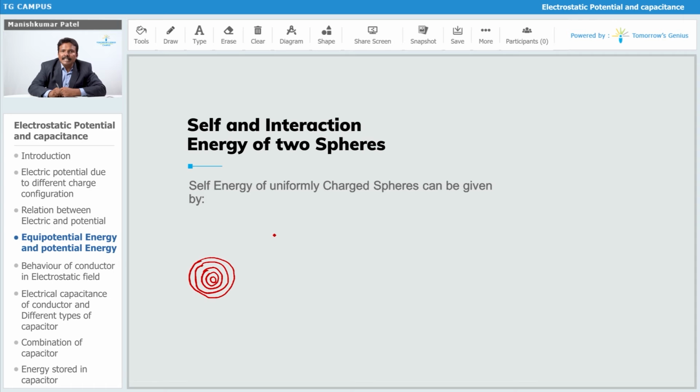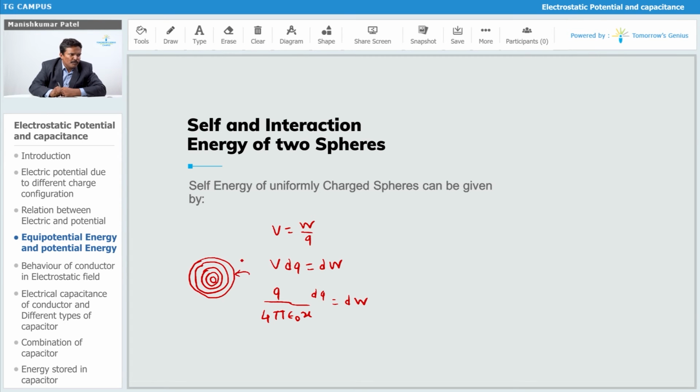Then again you can say that potential is work done per unit charge. Then again V into dq is equal to dW. For the potential at any intermediate point, you can write q upon 4 pi epsilon naught x into dq is equal to dW.